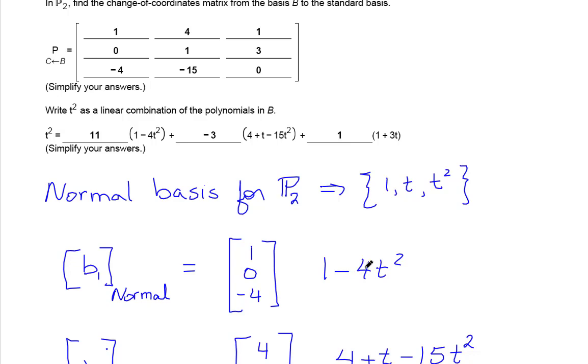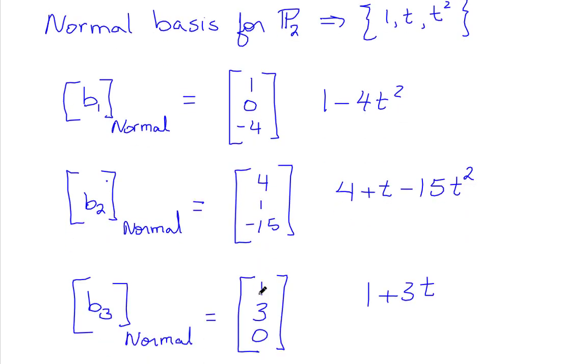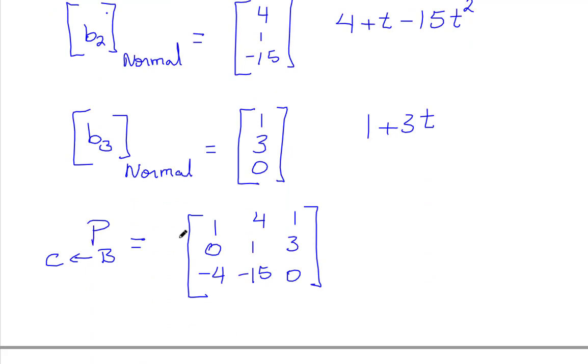I have 1 minus 4t squared, so a 1, 0, minus 4. I do that for all 3 of my B vectors, representing them in terms of the normal basis. So our transformation matrix would look like that in terms of the columns.